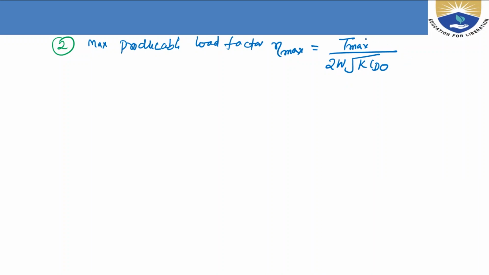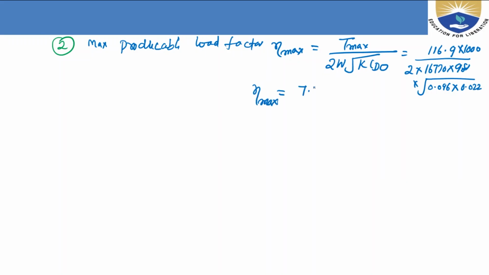This T max we have just now found, 116.9 kilonewton, divided by 2 into weight, which is 16,770 times 9.81, into under root K, which we found as 0.096, times CD naught, given as 0.022. So we got n max is equal to 7.72.